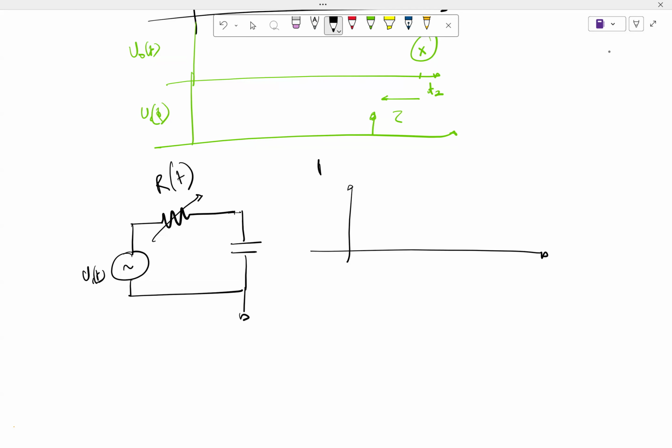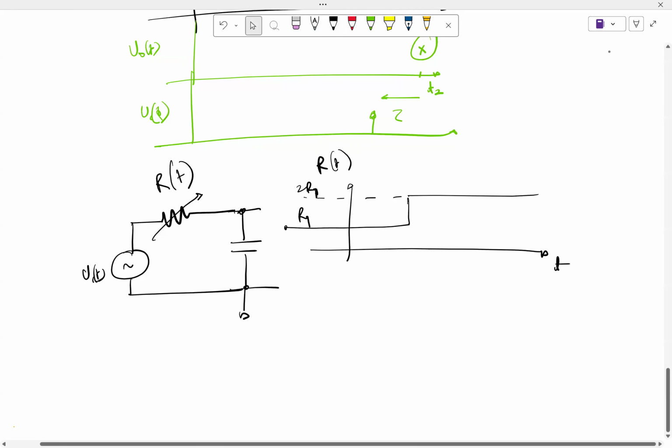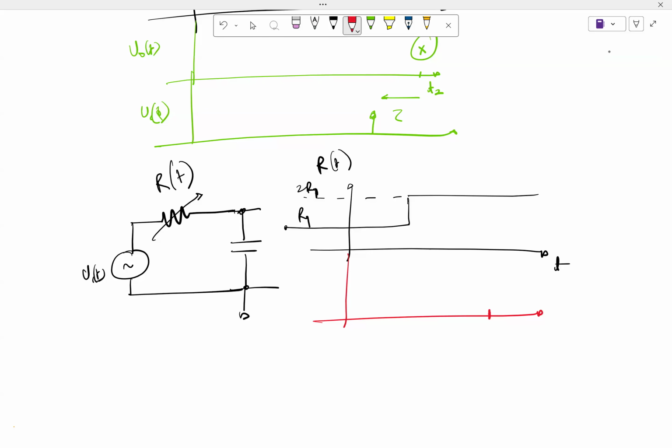This R of t goes from maybe a small value, let's say R1, to double, 2R1, with respect to t. So now let's say my observation time, I choose my t to be here. So I'm finding V naught is this.